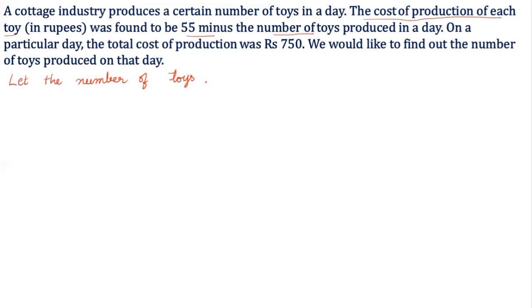Then the cost of production of one toy is given as 55 minus the number of toys, that is 55 minus x.